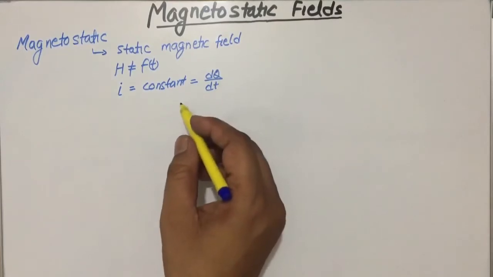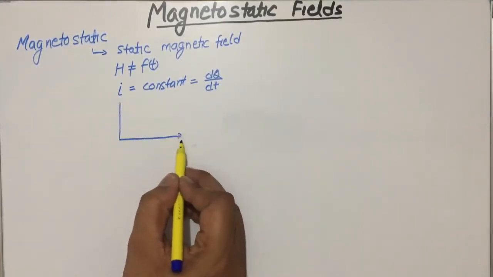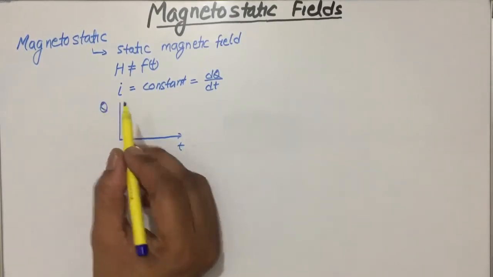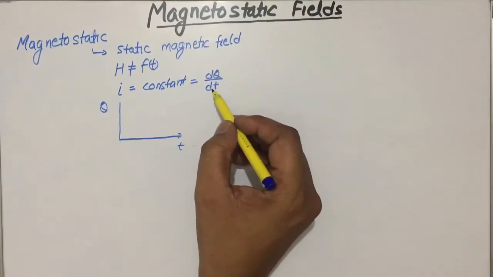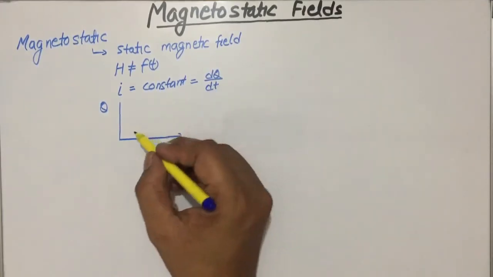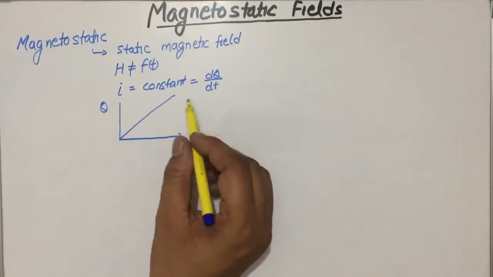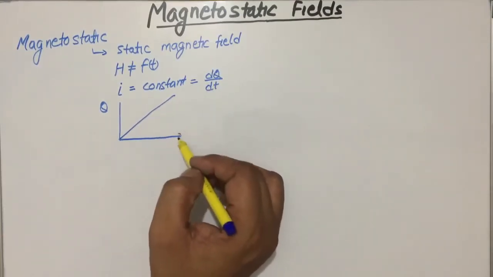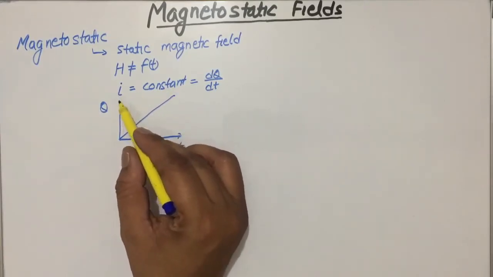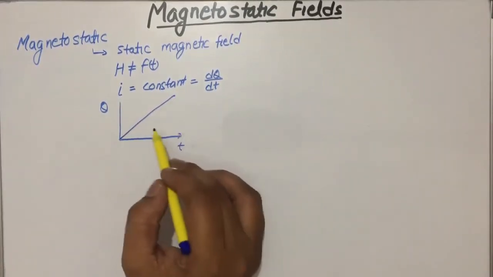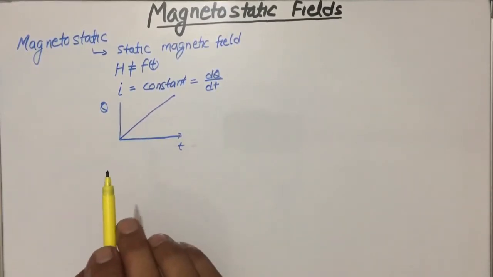We can understand this: if we plot Q versus time, then the slope of Q versus T remains fixed. The slope remains constant. It means the change in Q with respect to change in time remains constant, so the current will remain constant. In this case, the field will be time invariant and it will be called magnetostatic.